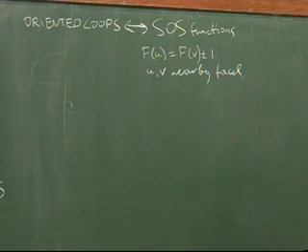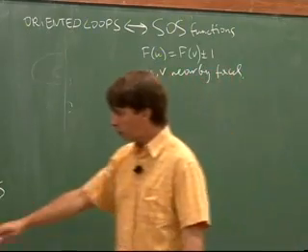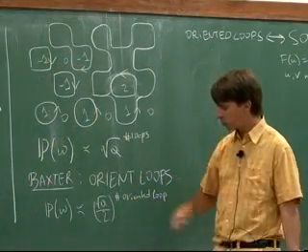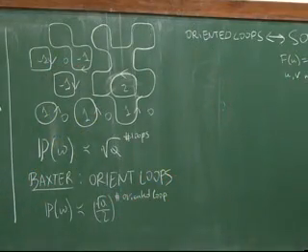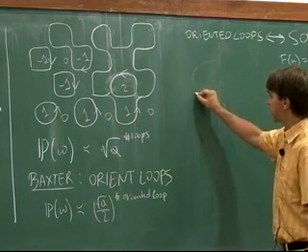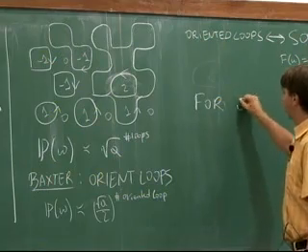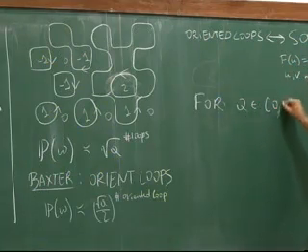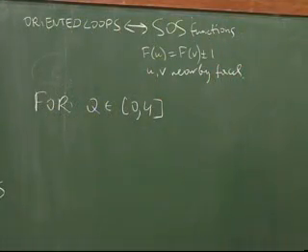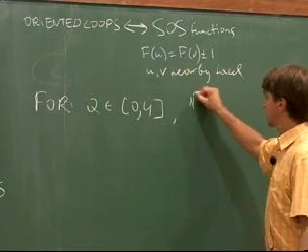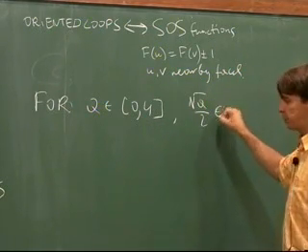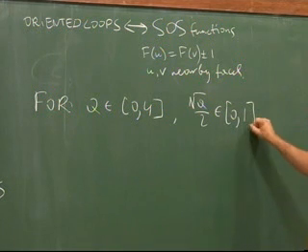Okay. And the other part of Baxter's trick is that we have here a number square root of q over 2, and we complexify it. So Baxter's trick, for q between 0 and 4, square root of q over 2 is between 0 and 1.